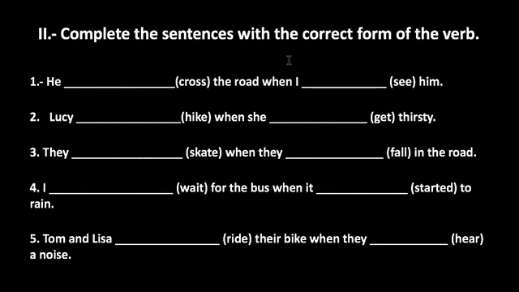First we have he, in parentheses cross the road, when I, and then we have see him. So which is the answer? Yes, he was crossing the road when I saw him. Okay, so you need to complete the next ones.